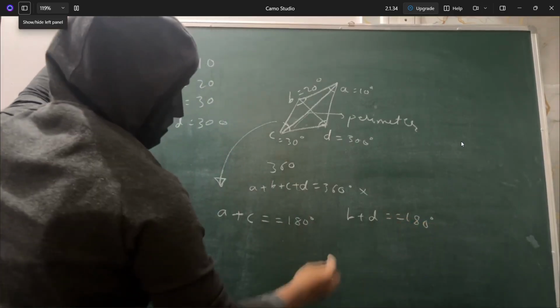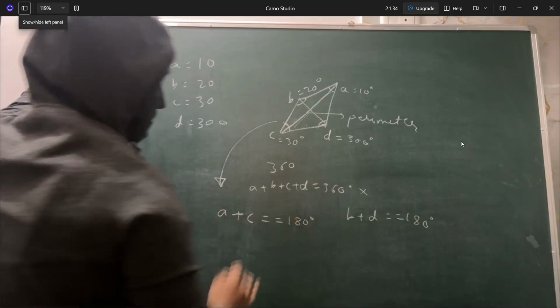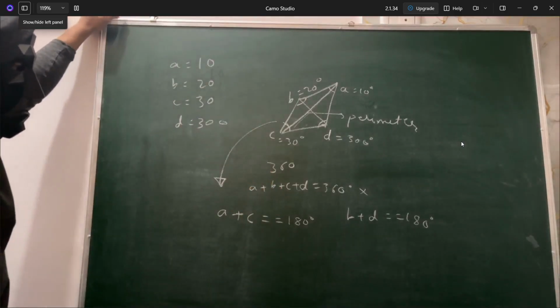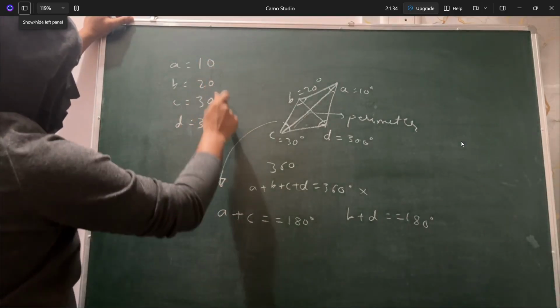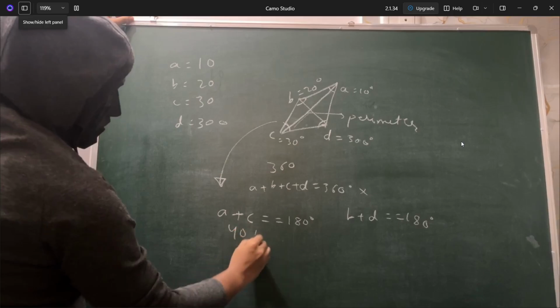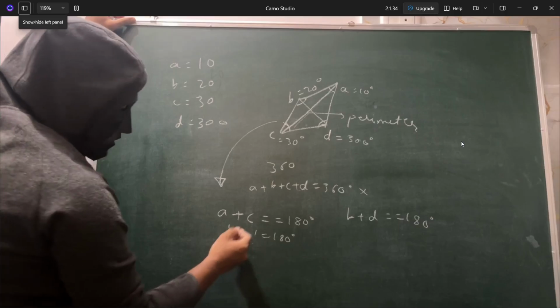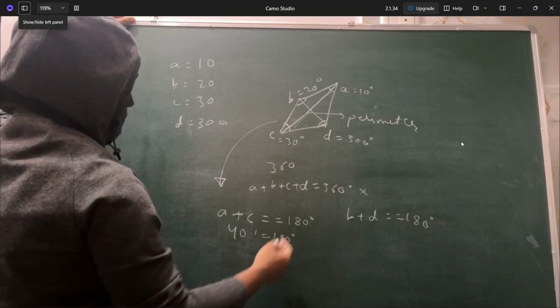If you do 180 plus 180, that is 360, because the sum a plus b plus c plus d is 360 degrees. But in this case a plus c is basically 40, and 40 is not equal to 180 degrees. Since one pair does not sum to 180 degrees, it is not cyclic.